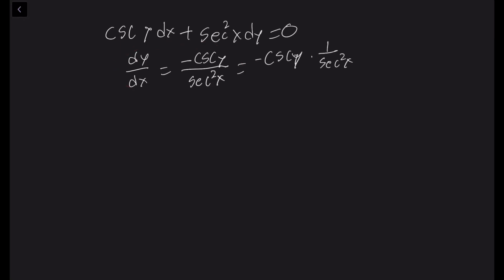Now our next step is moving all the y's on one side and all the x's on the other. So we would come up with negative 1 over cosecant of y, in parentheses so it doesn't get confused, dy equals 1 over secant squared x dx.